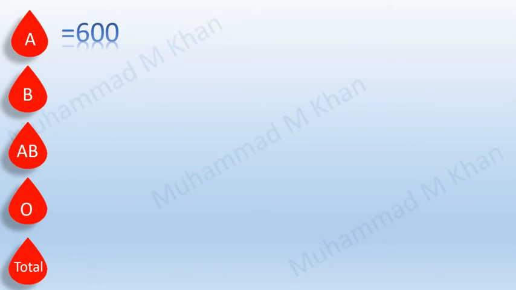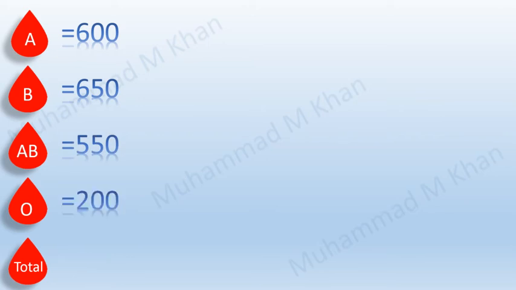People having blood group A are 600, 650 is the number of people having blood group B, 550 having blood group AB, and 200 having blood group O. The total number of people comes out to be 2000 when we add all of these numbers.